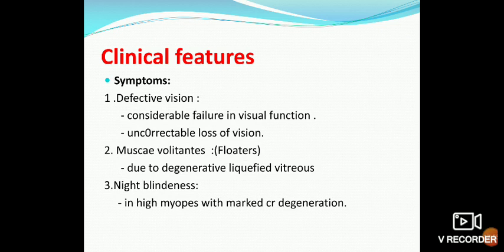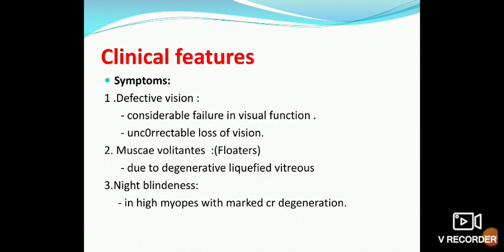What are these? When these people look towards the sky or bright light, they will see small black objects moving in their visual field, like ring shaped or arrow shaped. These are called floaters, and they are due to liquefied vitreous.